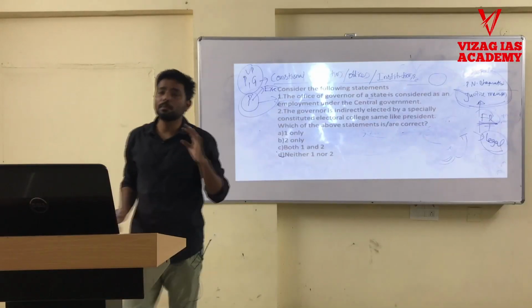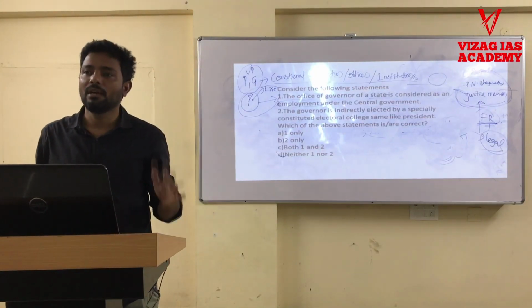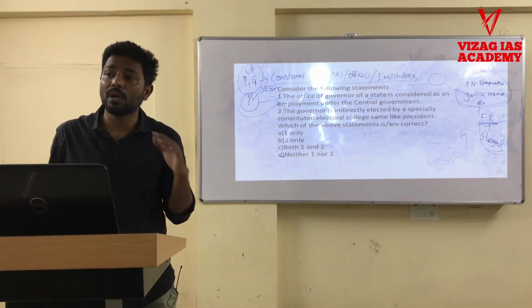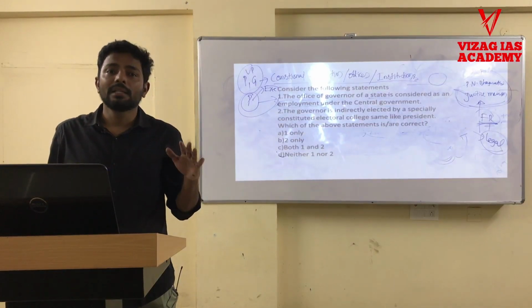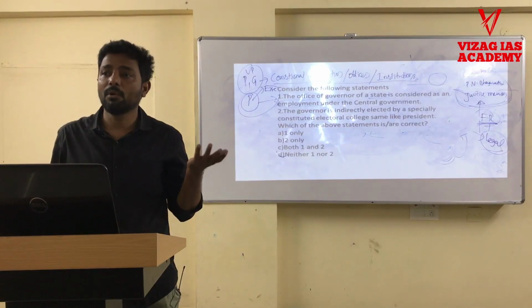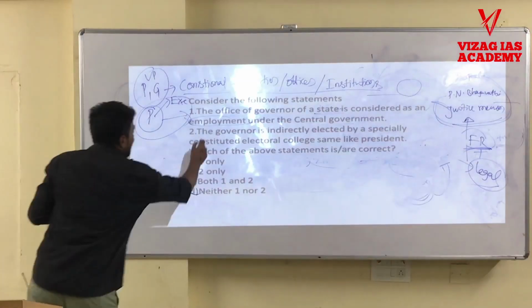That is a constitutional post. They have to uphold the constitution. While taking their oath, the governor and these constitutional bodies have the responsibility of upholding the constitution, its values and its spirit. So that is not an employment.